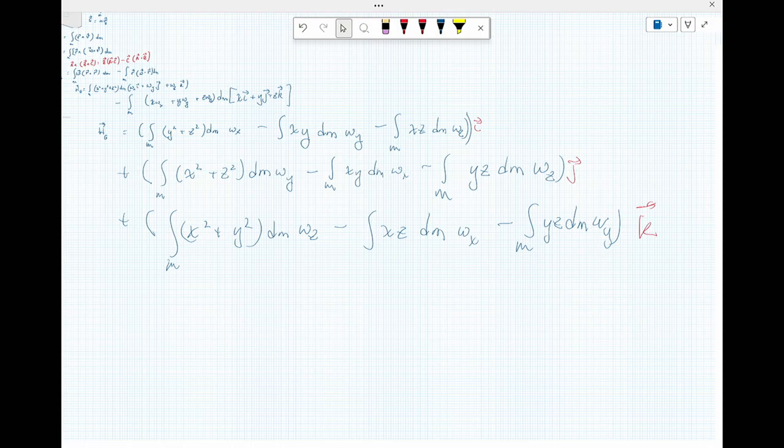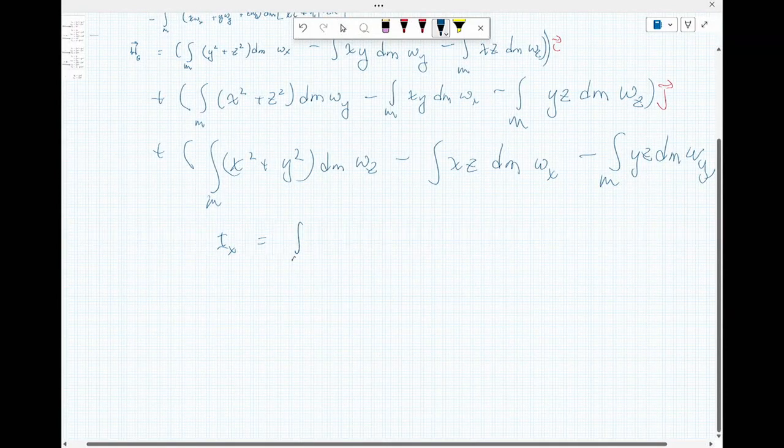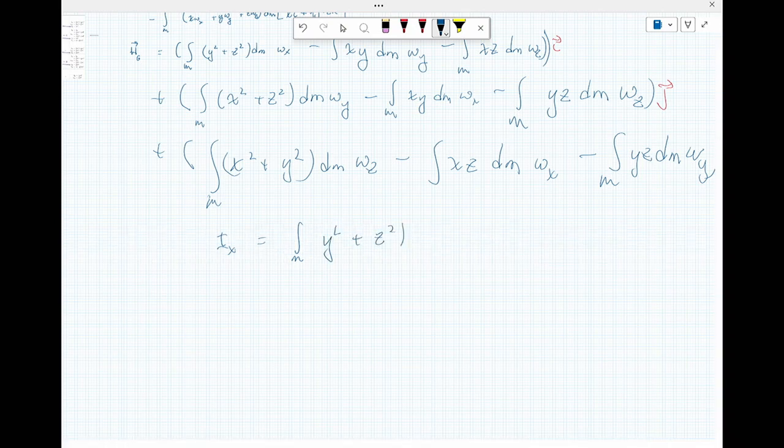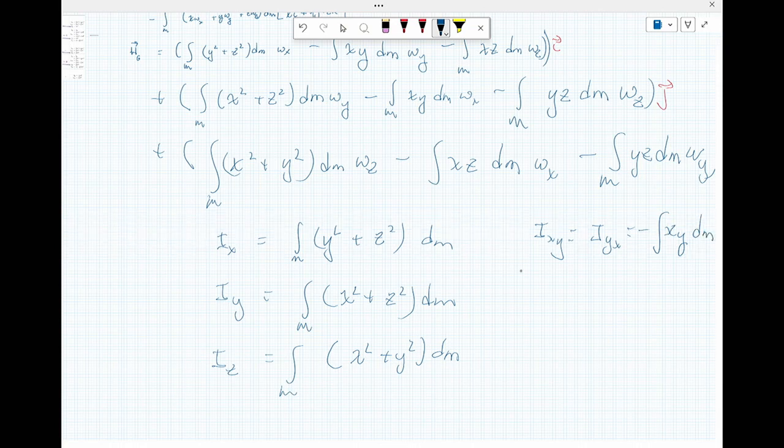So I can write those terms out separately.